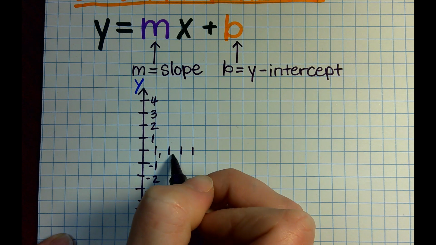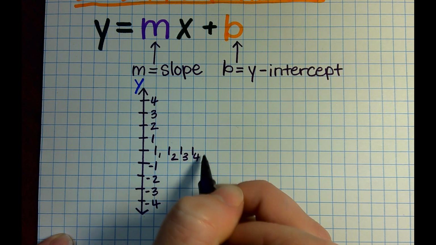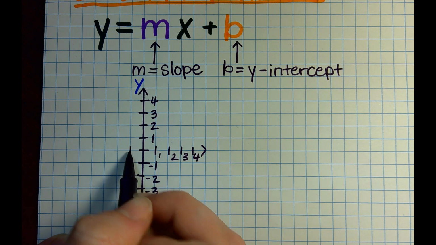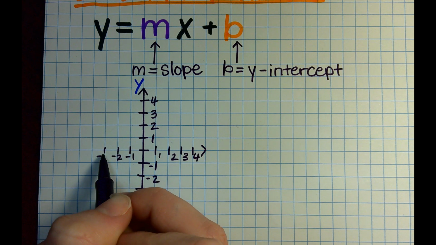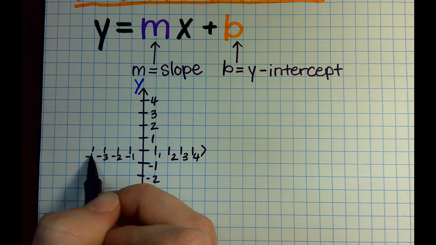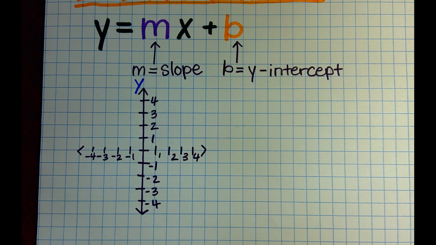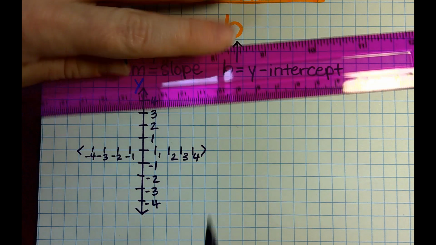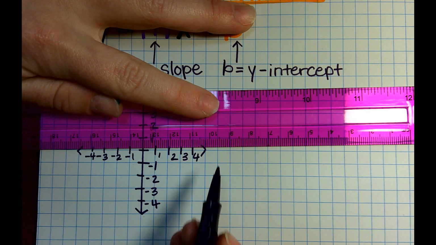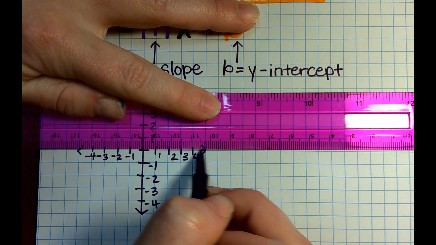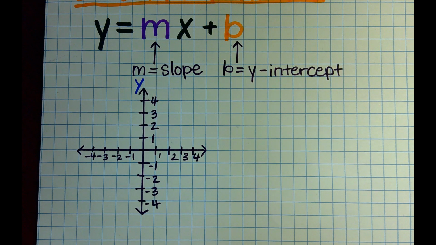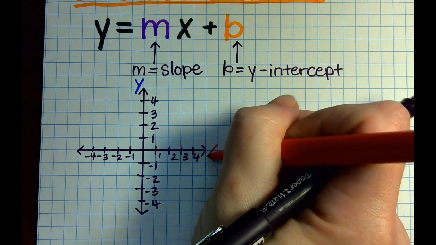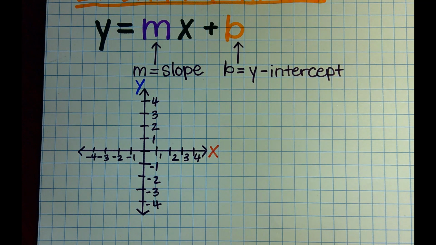So 1, 2, 3, 4, -1, -2, -3, -4. And I will connect my points just like that. And we just drew the x-axis. So now I have a little graph.